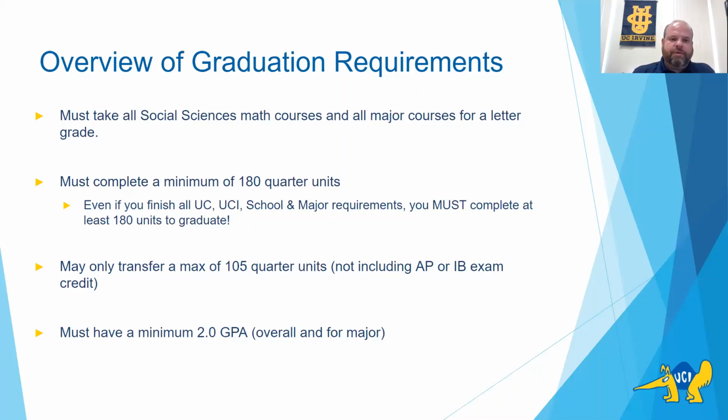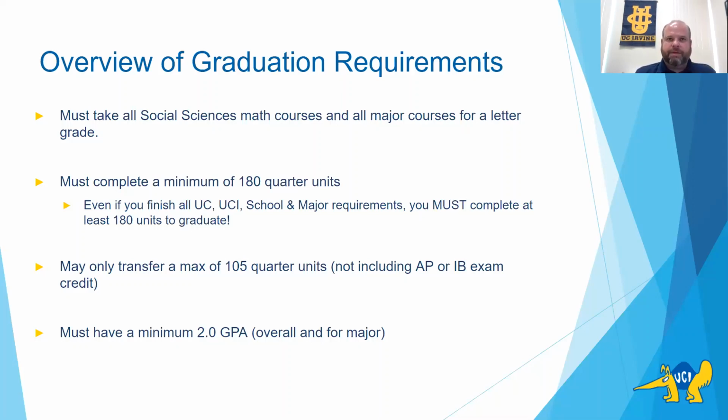Now, as transfer students, there is a limit on the amount of units you can transfer in, and that is 105 quarter units. To put that in perspective, if you're coming from a semester school, 105 quarter units equates to 70 semester units here at UCI. So once you've hit that 70 semester unit mark, that would be the maximum you could transfer in as a transfer student. That means no more units can be accrued towards graduation requirements at that point.